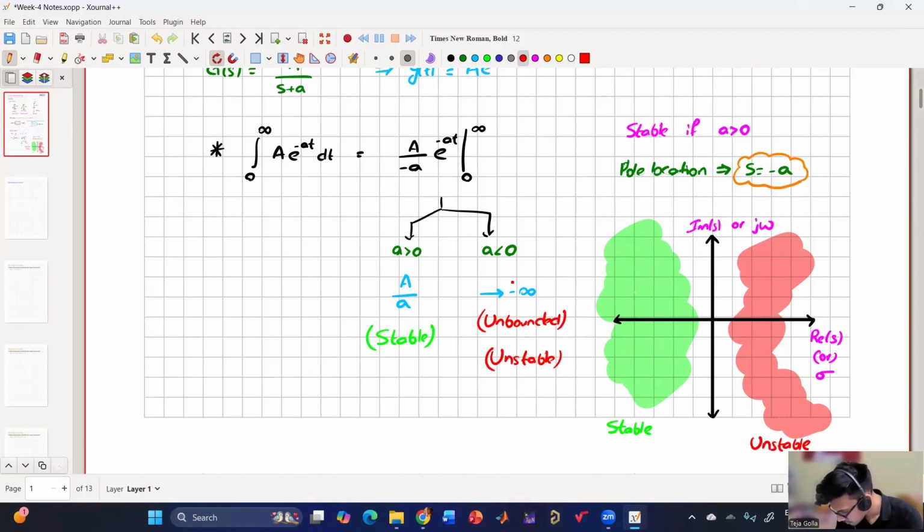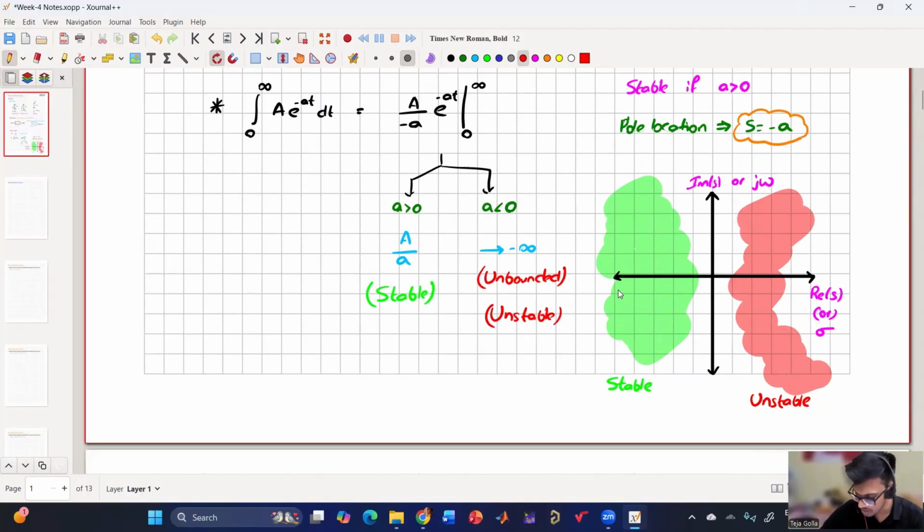What about the poles if they lie on the imaginary axis? If they lie on the imaginary axis, then they are called marginally stable. This is also an important point.